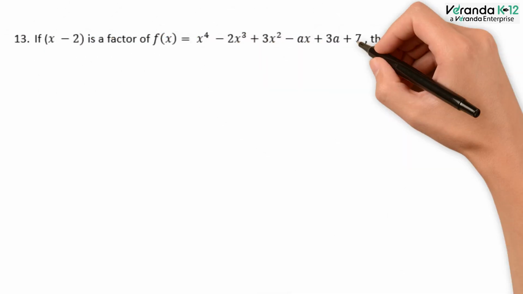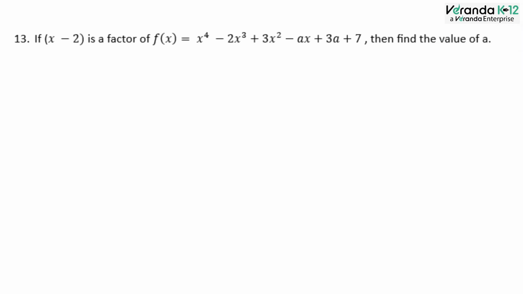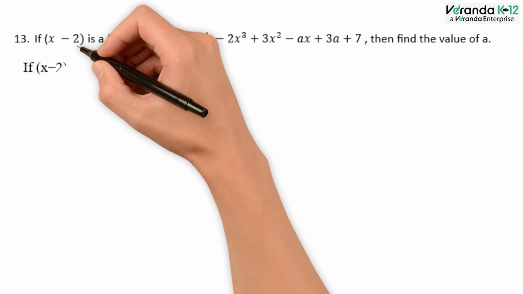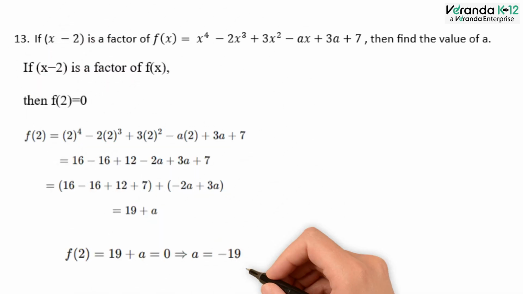Thirteenth question. If x − 2 is a factor of f(x) = x⁴ − 2x³ + 3x² − ax + 3a + 7, then find the value of a. Since x − 2 is a factor of the polynomial, x is equal to 2 is a zero of the polynomial.